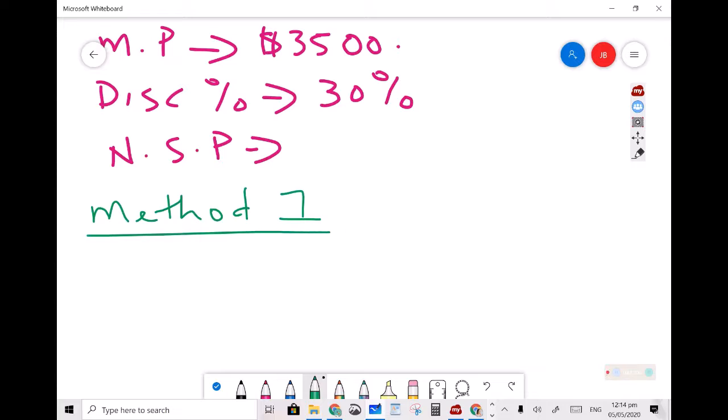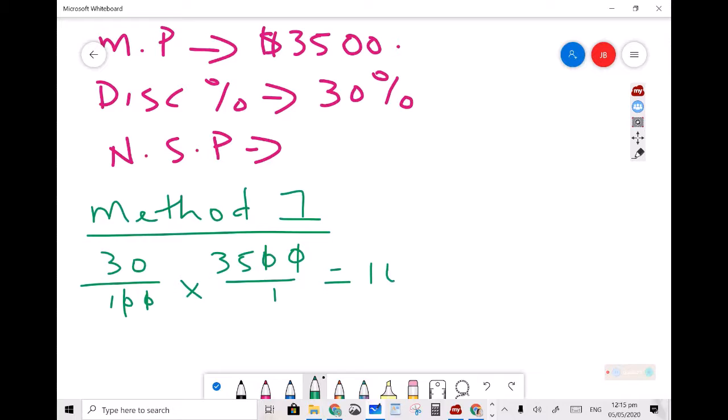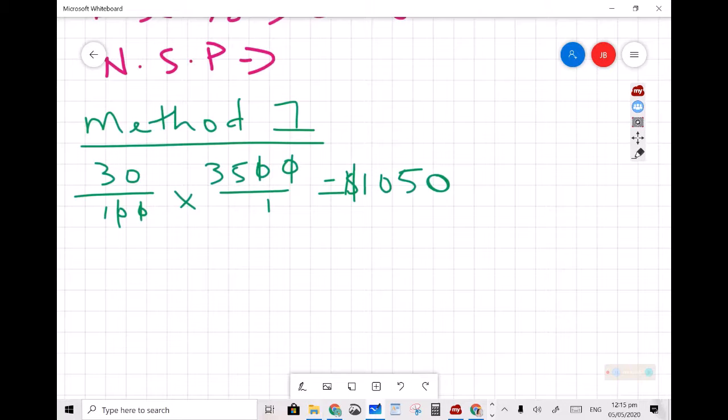Okay, so we have method 1, which we were using all the time. Okay, we have 30% of 3,500 over 1. We cross off the zeros, and then we multiply 35 by 30, and we get $1,050. Okay, this will be our discount, but not our final answer.